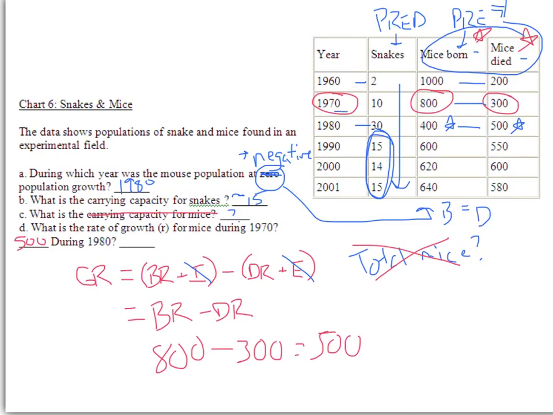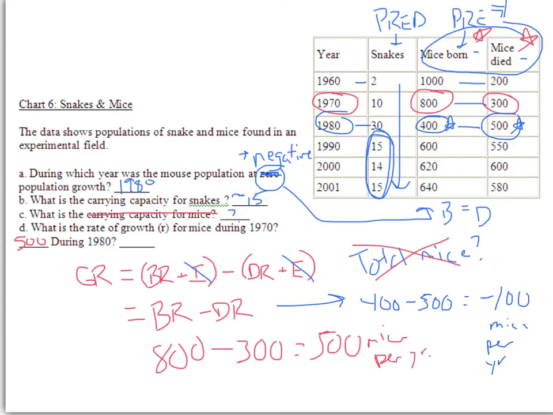So in 1980, we had 400 born, but 500 died. So that year, we're talking about a birth rate of 400 minus a death rate of 500, which is going to equal negative 100 mice per year. And this one over here would have also been mice per year.